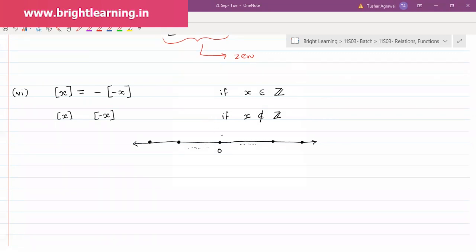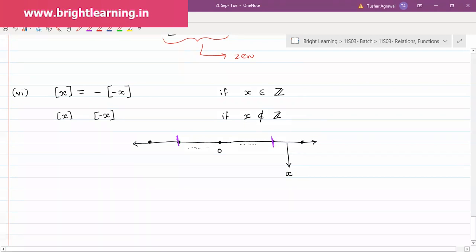See, suppose here is my x, I will take two similar points. Similar means they are, let's say, equidistant from 0. x is over here and negative x will be over here.